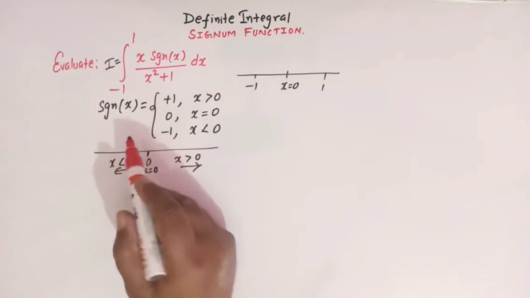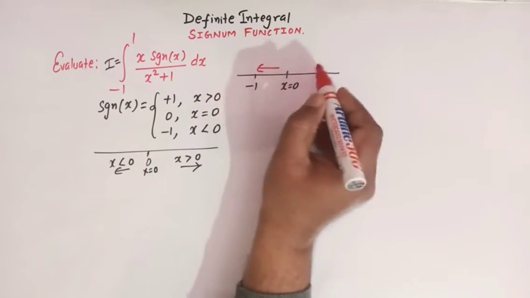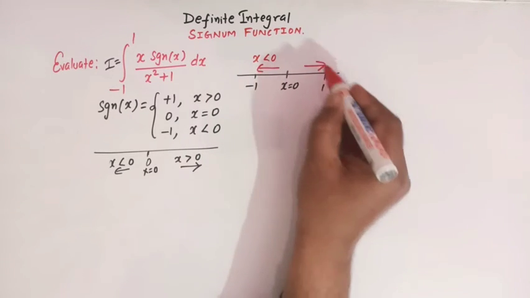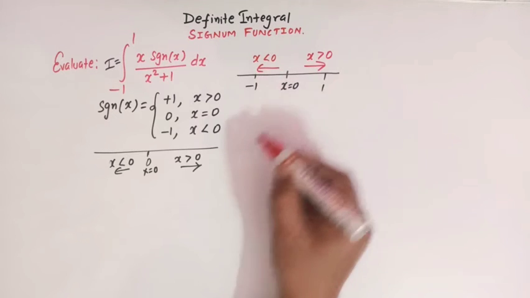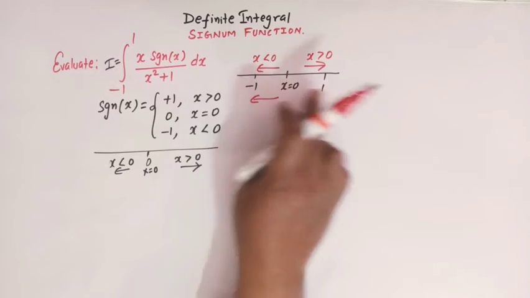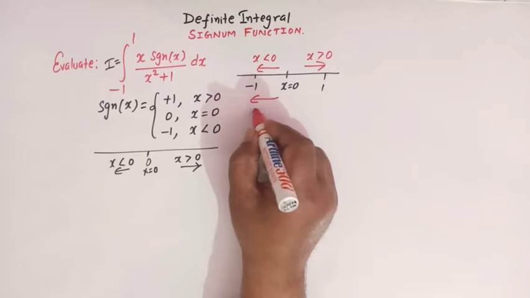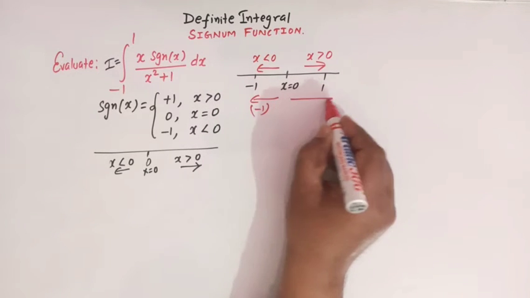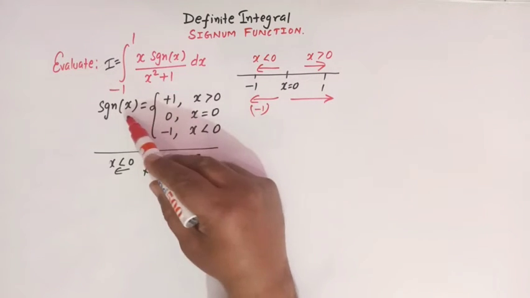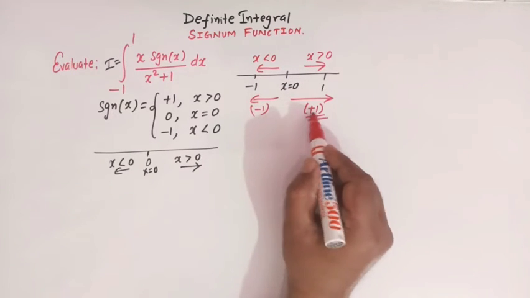So as we have just seen in the definition of the signum function, here we have x less than 0, and here we have x greater than 0, right? So in this section of the real number line, signum of x will take the value minus 1, and to the right of x equal to 0, signum of x will take the positive value, that is plus 1.